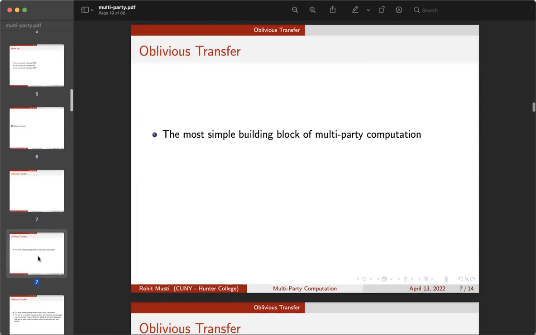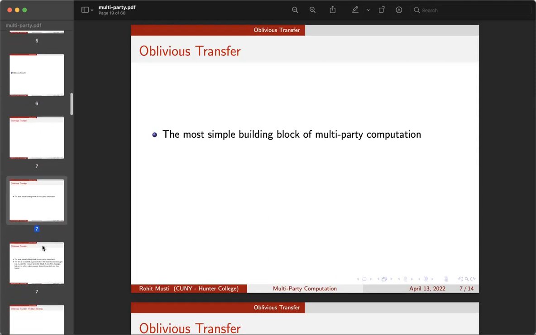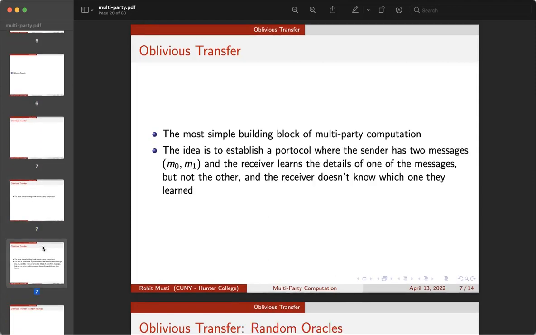Oblivious transfer is the most simple building block of multi-party computation. The idea is to establish a protocol where the sender has two messages: message 0 and message 1.